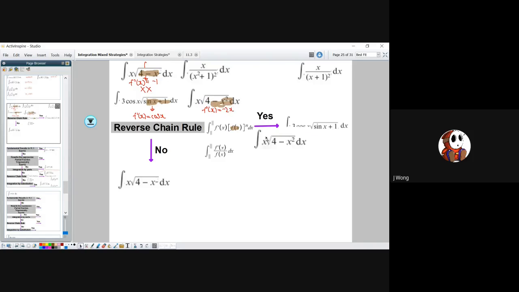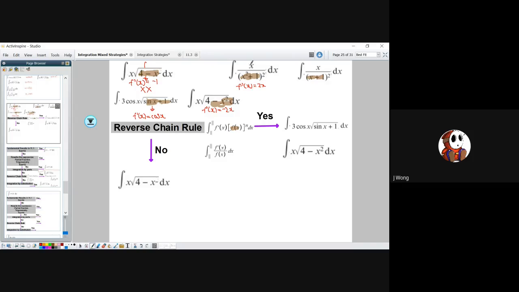So notice that for these two, I just changed the power from 1 to 2, and the way to solve it is slightly different. So they can both be solved using reverse chain rule. However, for this question, you could only solve it with integration by substitution. So it's actually the same case for these two. If you make f of x the expression inside the square, when you differentiate, it gives you 2x.